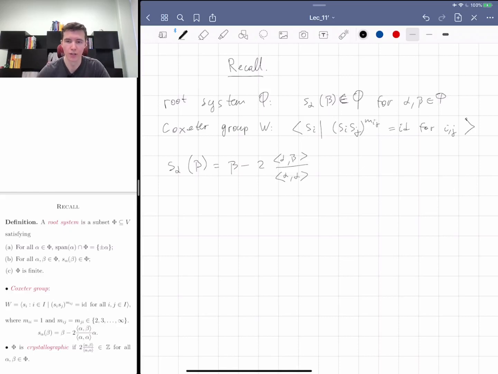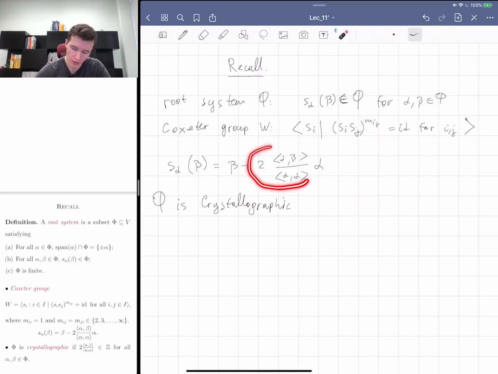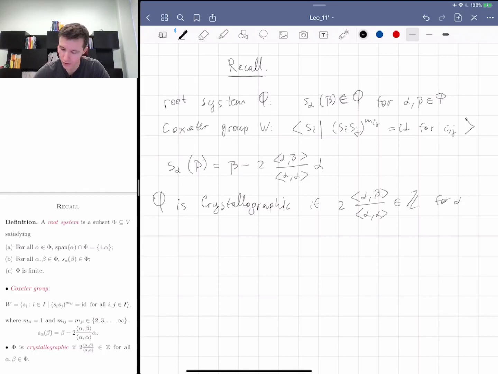And so the condition that the root system is crystallographic was that this number is supposed to be an integer: twice alpha beta divided by alpha alpha is an integer for all roots alpha and beta.